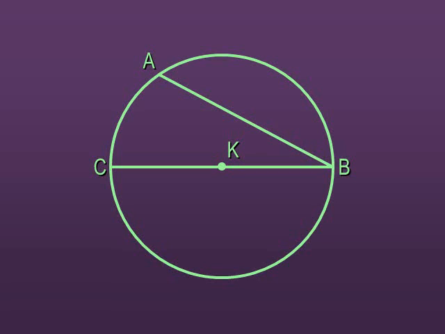The first case is that the center lies on the angle. So here's angle ABC. It's an inscribed angle, and the angle side BC includes the center K. That's actually the case that they prove, and they prove that by using radii and doing a triangle there.